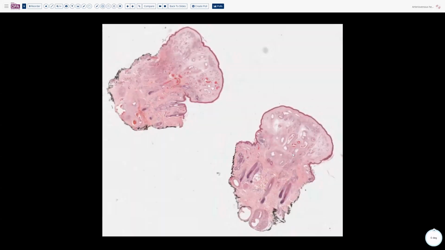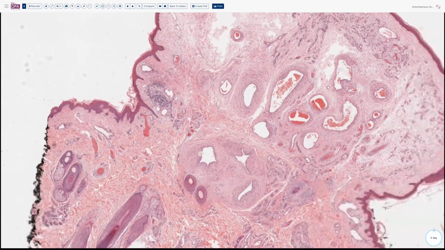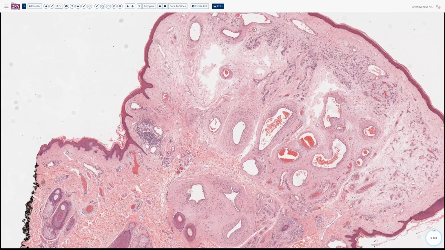So here's our lesion, and we can see that some of these have rather thick walled lesions. Yeah, there's quite a bit of tissue around the vessel. It's not normal arterioles, or maybe this one here is a little bit of an arteriole. And then we have this capillary bed that's associated with it, as well as these other vessels.